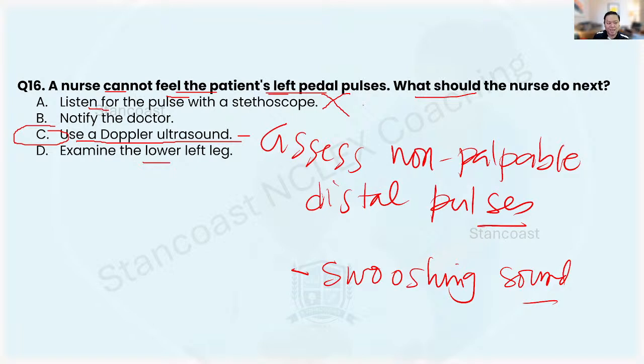So immediately get rid of letter A. So you're left off with letter B, C, and D, but looking into these three remaining answers, you really gotta do your assessment first. Make sure that you're investigating if there is still some circulation going on. Do that with a Doppler ultrasound.